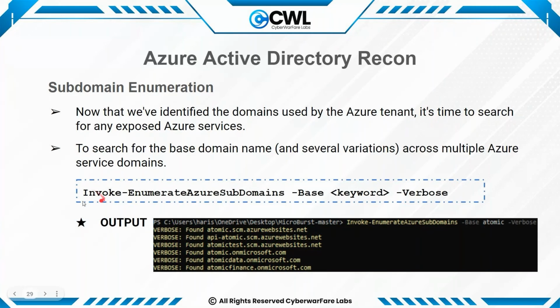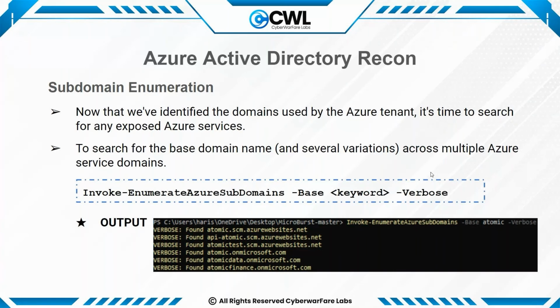This particular Invoke-EnumerateAzureSubDomains cmdlet is to find subdomains associated with a specific base keyword within Azure. Subdomain enumeration is a common technique in attacks to identify the subdomains related to a particular domain or keyword. The purpose of this particular command is to start the process of searching for subdomains related to the specific keyword.